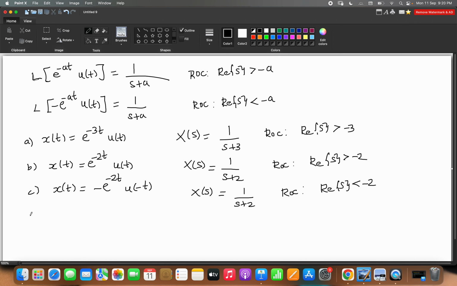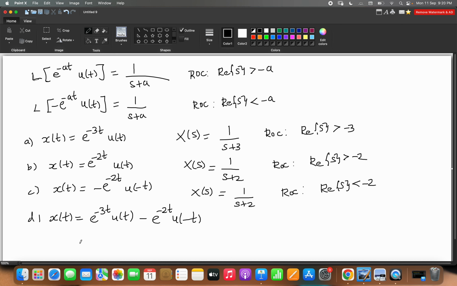So let us see another problem. In this problem, x of t is a sum of two signals. So x of t equal to e power minus 3t u of t minus e power minus 2t u of minus t.